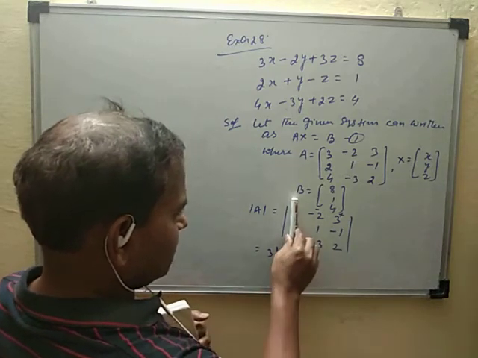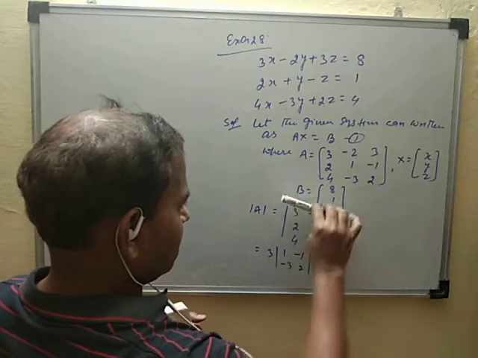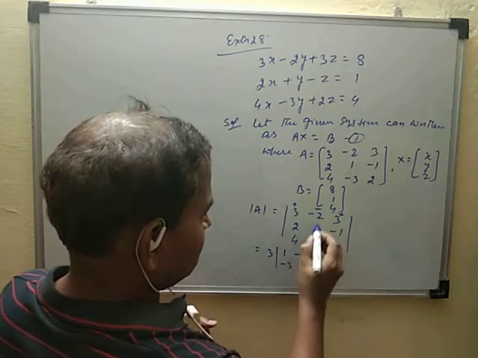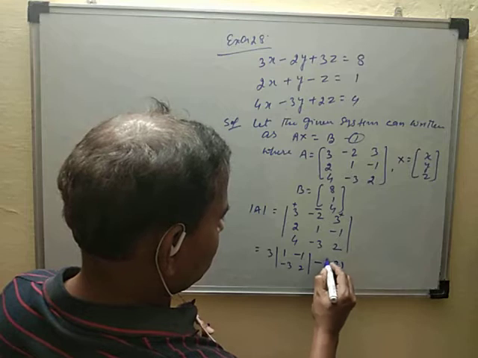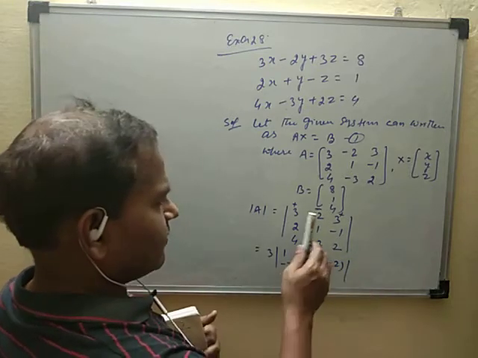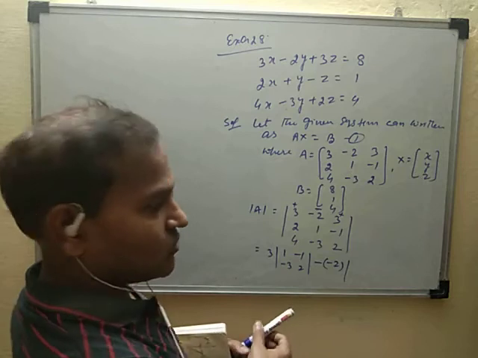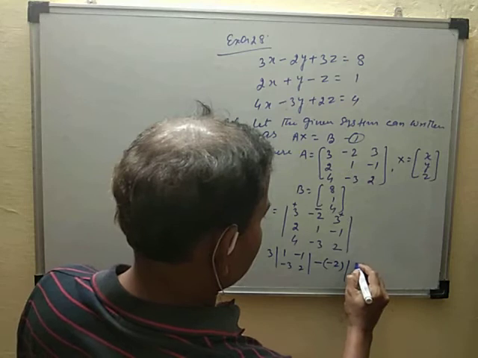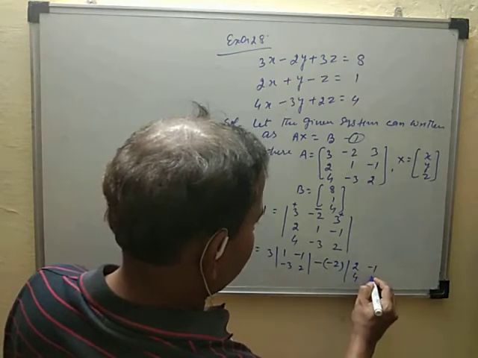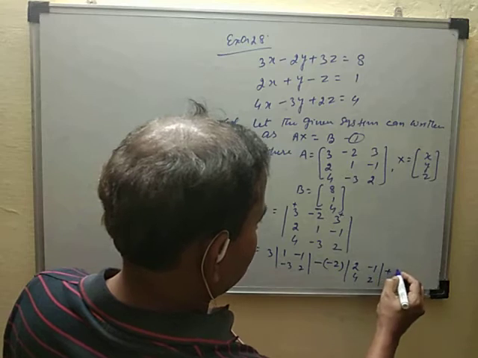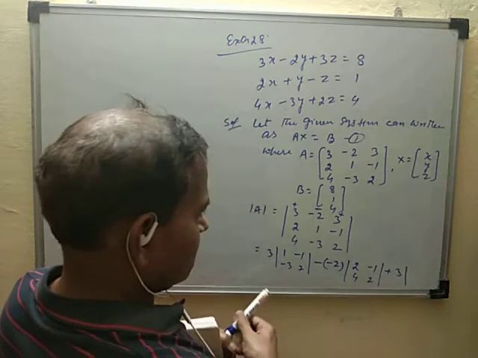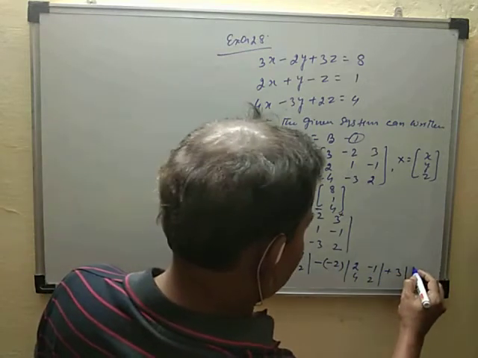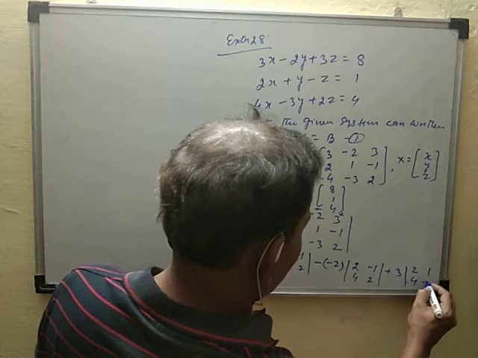Next, sign minus, then element minus 2, delete its row and column, so the element is 2 minus 1, 4 2. Next write plus 3, delete its row and column, so the element is 2 1, 4 minus 3.